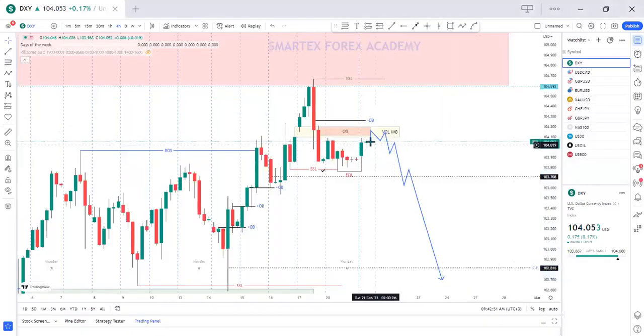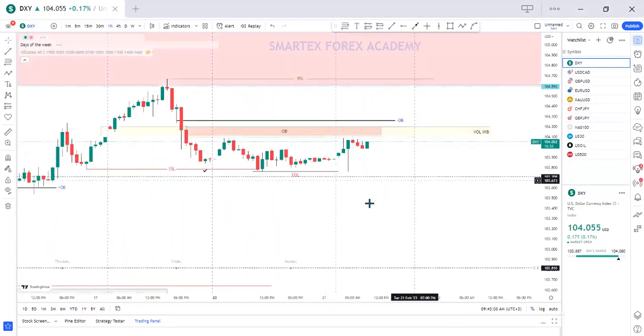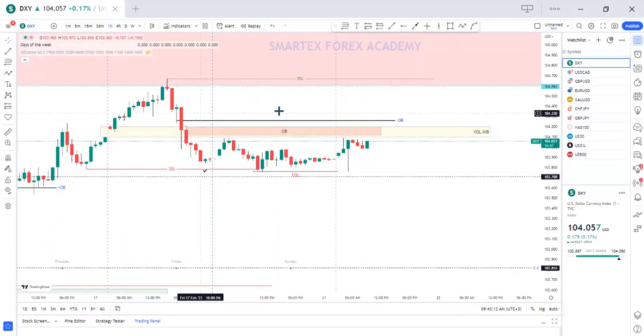So I'm expecting the price to visit this volume imbalance here before we sell off, the way I'm thinking. Let's see what we have in lower time frames. Let's shift to the 1 hour time frame. Our volume imbalance is here, and we have our bearish order block here.